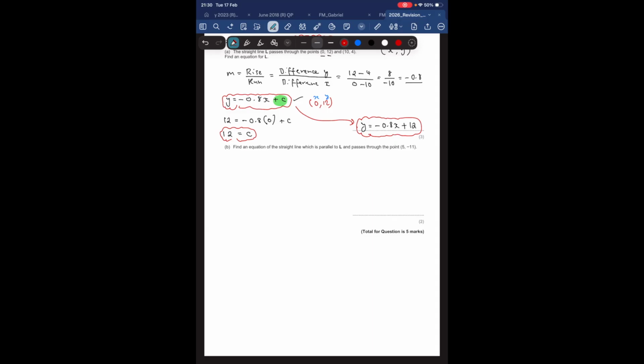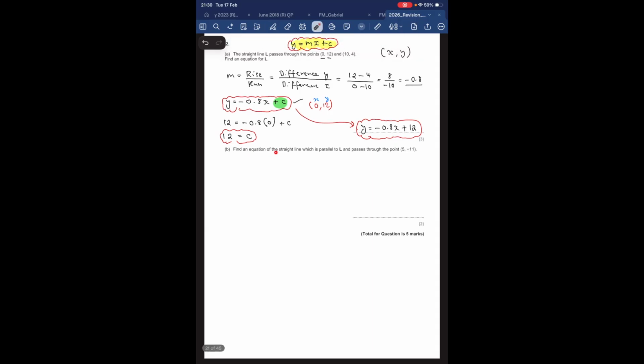We're now asked to work out the equation of a new straight line, which is parallel to the line L that we had above. But this time, the new line, L dash, parallel to L, will pass through this new coordinate, 5, minus 11. Now, the key idea here is that parallel lines have the same gradient.